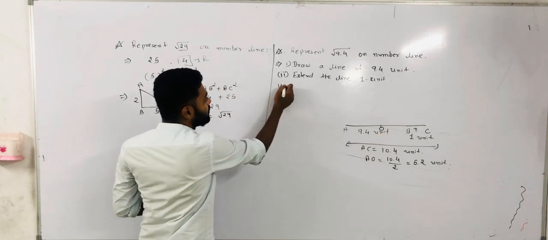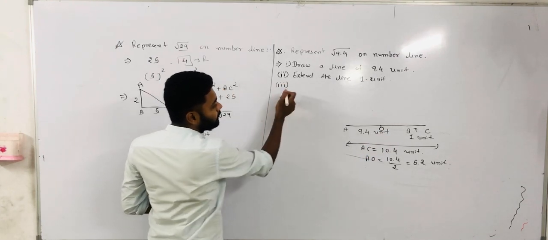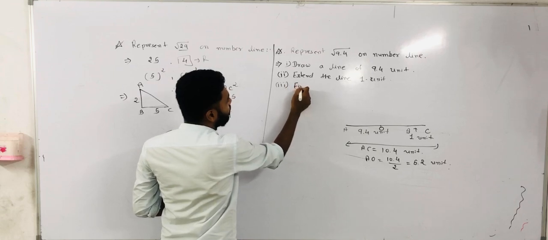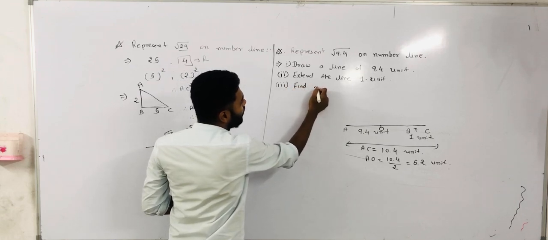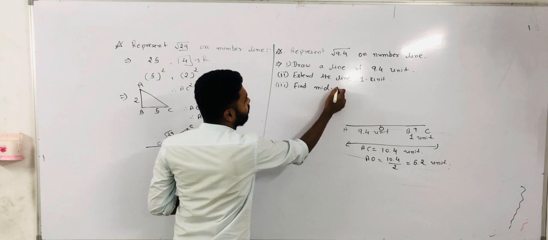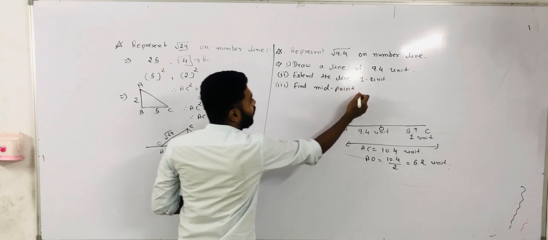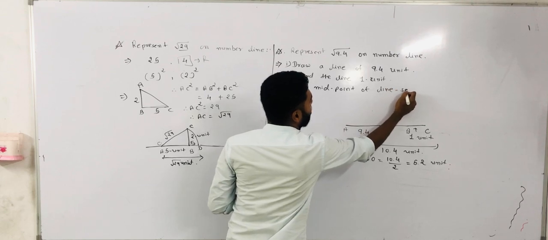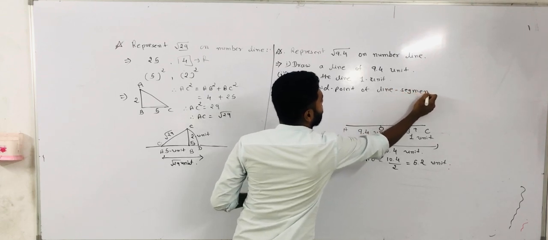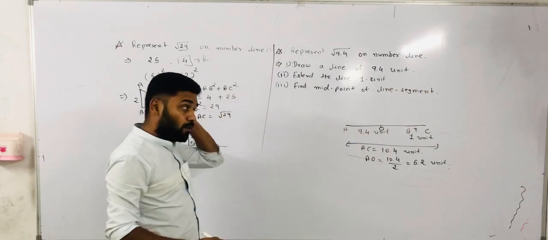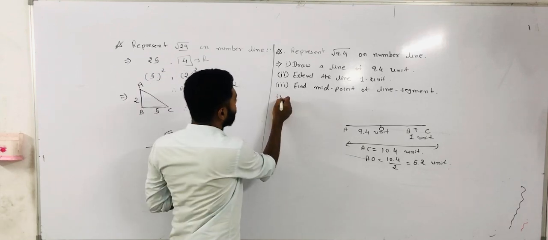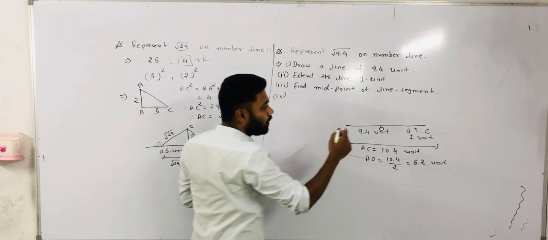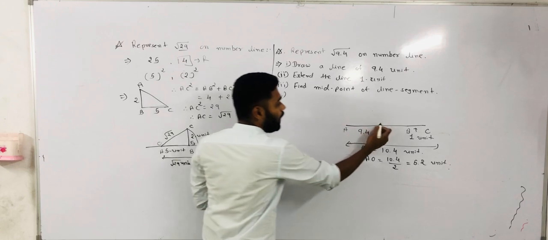The third step is to find the midpoint of the line segment. Now, after finding the midpoint, draw a semicircle of radius OA.